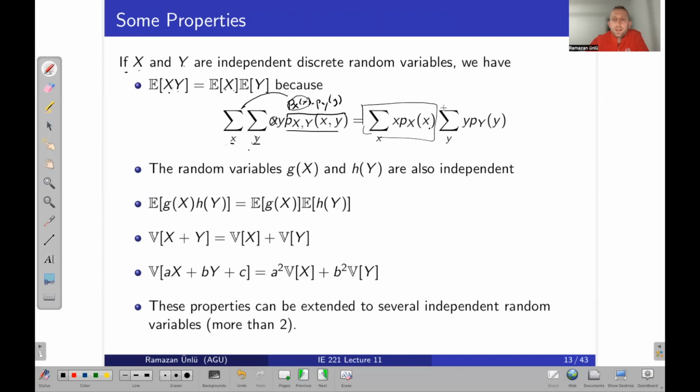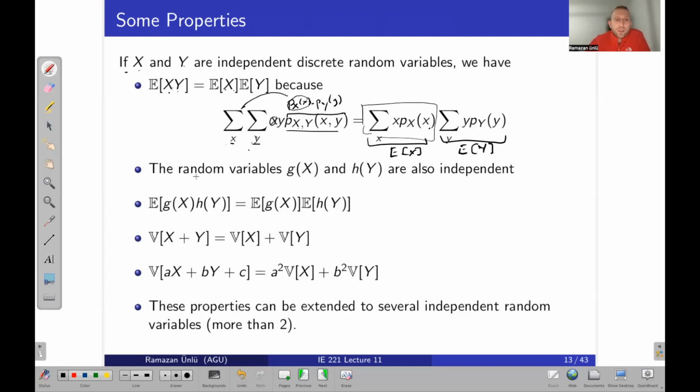Then the remaining part is Y times the marginal PMF of Y. So this is the expected value of X, and this is the expected value of Y. That's why the expected value of X times Y is equal to the expected value of X times the expected value of Y if they are independent.